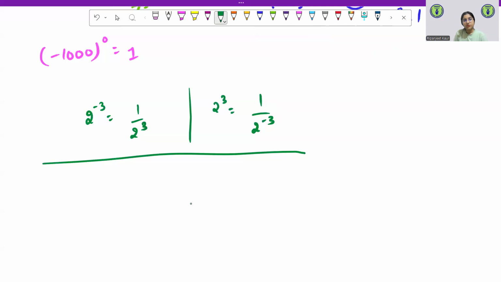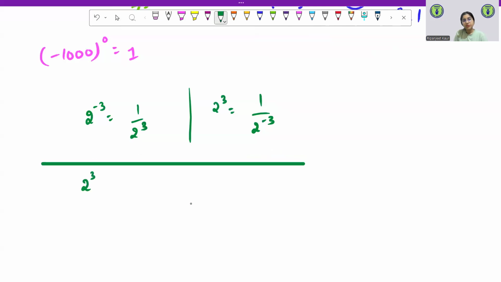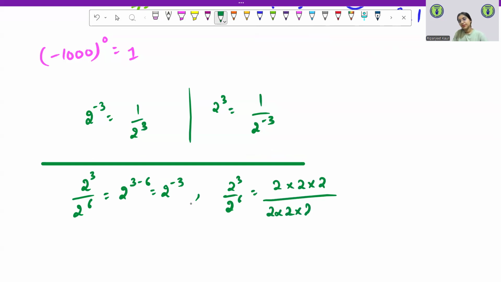See, if there was 2 raised to power 3 over 2 raised to power 6, we know that let us do the exponent way. Base is same and they are in division, 2 raised to power minus 3. And we know if we solve it this way, 2 is multiplied thrice here, 2 is multiplied 6 times here.